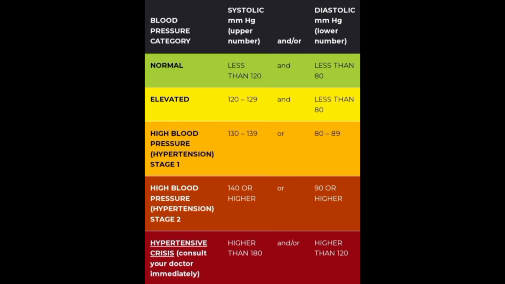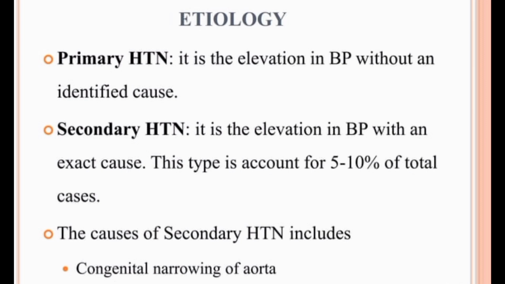Then the diastolic value is 90 or higher in the second stage. Then hypertensive crisis. In hypertensive crisis, the systolic value is higher than 180 and the diastolic value is more than 120.